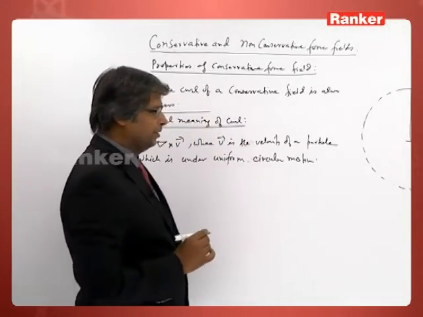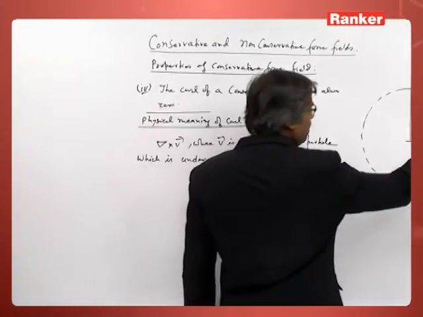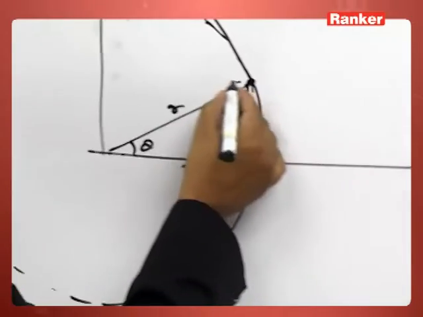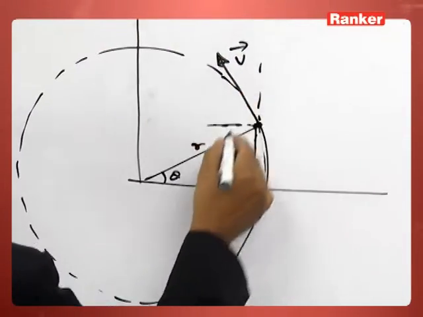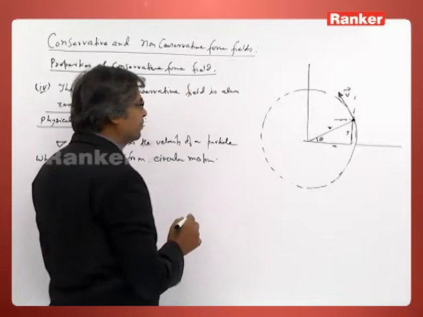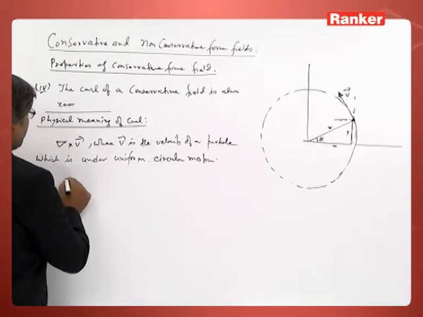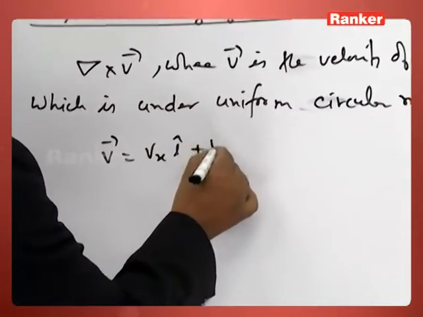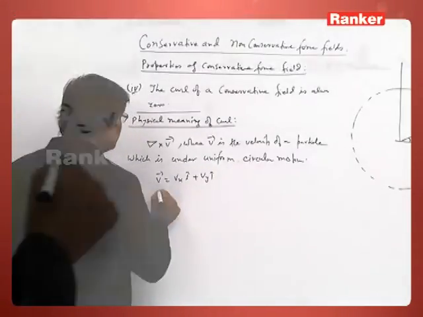Now you see v. This v is tangential, and so it will have two components, Vx and Vy. I can write this V as Vx i plus Vy j, and the z component is 0.